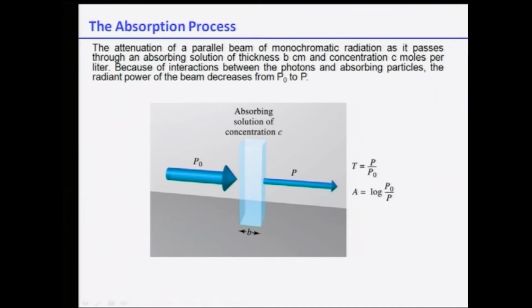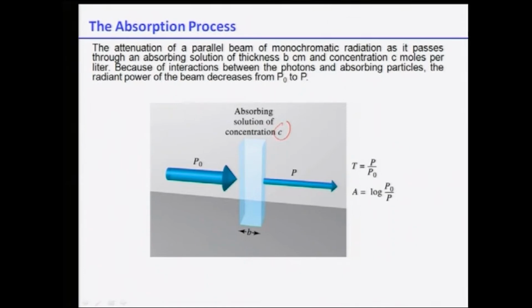Suppose you have a parallel beam of monochromatic radiation lambda that falls on a solution and passes through. The thickness of this absorbing solution is B, in centimeters, and the concentration is C moles per liter.